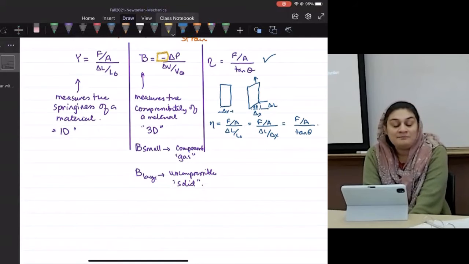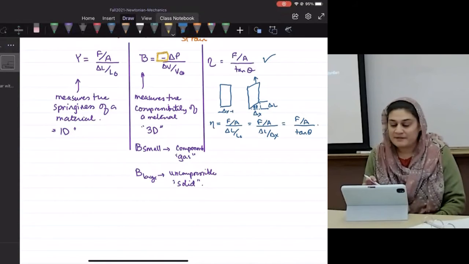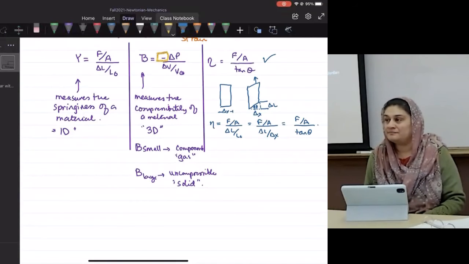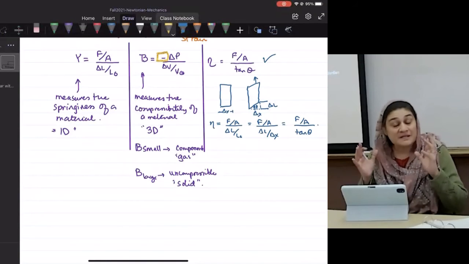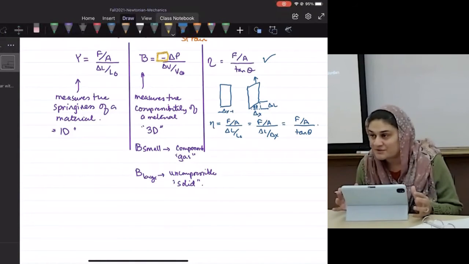Okay, so one other thing that I would like to tell you about the difference between Y and eta. So did you see that I started with the same definition when I was defining eta? But then why did I put it in a different box? The reason why I put it in a different box is because they measure different things.